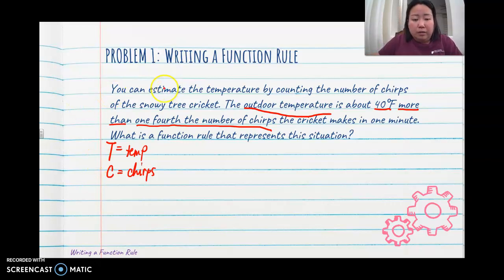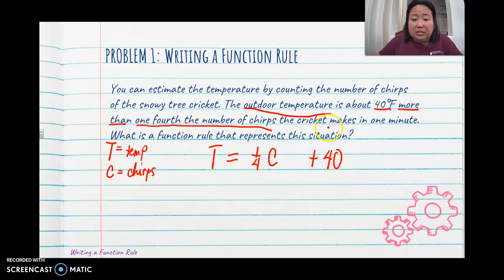Based on these underlined words or phrases, temperature is our equal sign. 40 Fahrenheit more than, so we know that there is going to be a plus 40 in the end. So plus 40 more than 1/4 the number of chirps. This number of chirps will be multiplied by 1/4, and then we add 40 to that number.